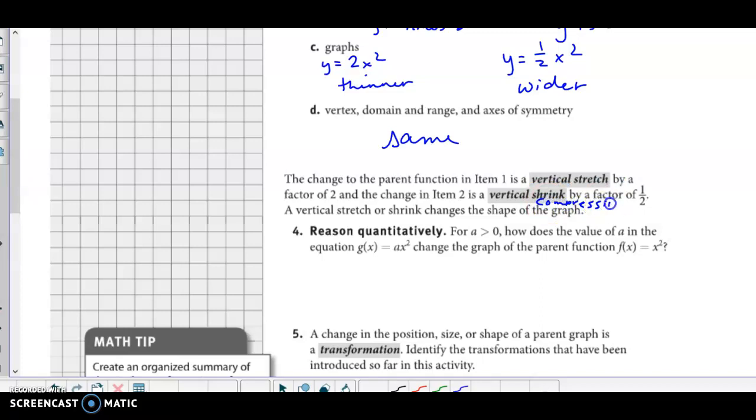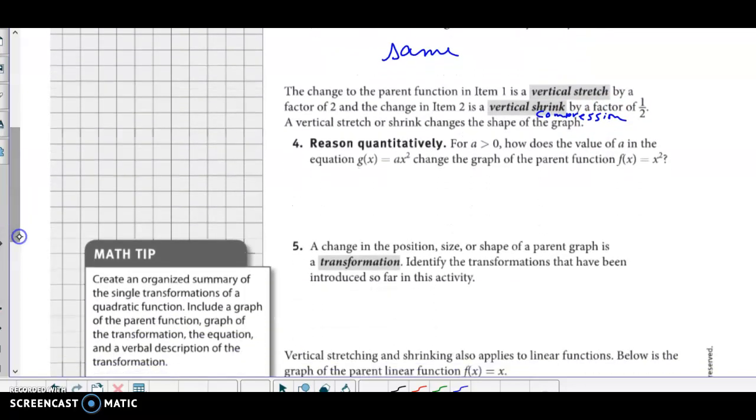That's how you'll see that in Algebra 2. The vertical stretch or shrink changes the shape of the graph. So when a is greater than 0, how does the value of a change the graph? This makes it a vertical stretch, okay? When a is greater than 0, it's going to become thinner, okay?